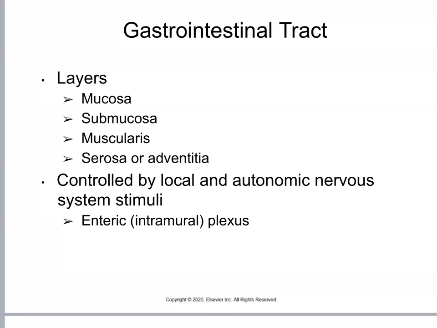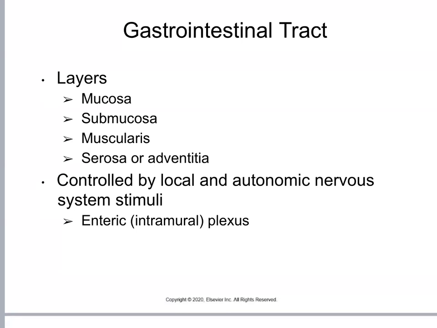And it contains the nerves that actually control those secretions and movement of the mucosa. The muscularis externa is a thick layer of smooth muscle that is responsible for moving food through the GI tract. And it contains the myenteric nerve plexus, which coordinates muscle contractions.